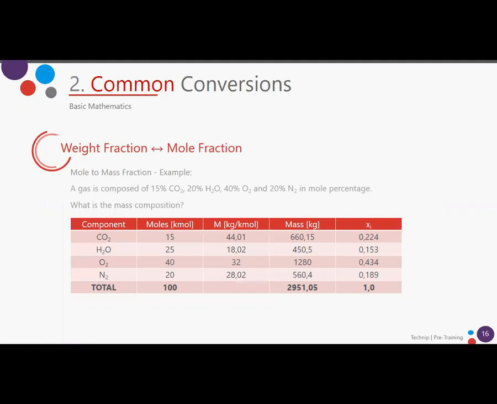So let's look at an example. In this example, we will convert mole to mass. Okay. Our example is that a gas is composed of 15% carbon dioxide, 25% water, 40% oxygen, and 20% nitrogen, all expressed in mole percentage.